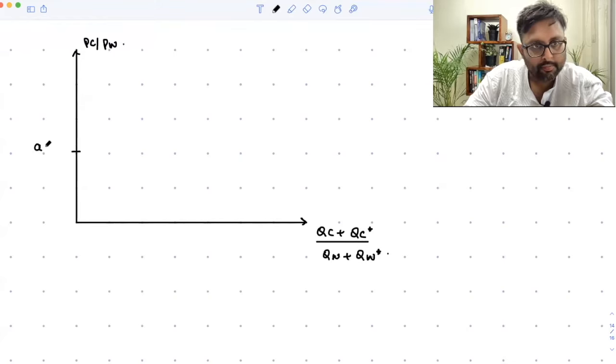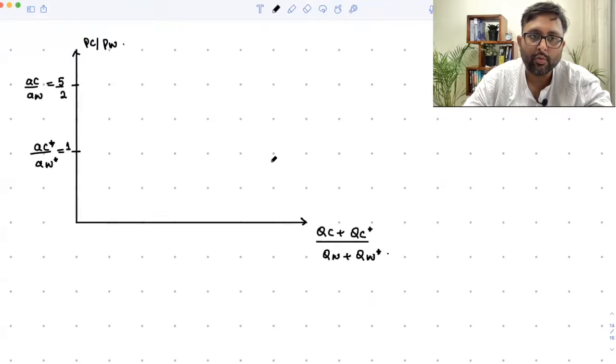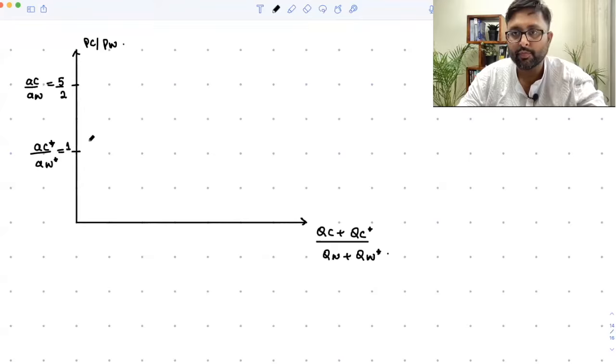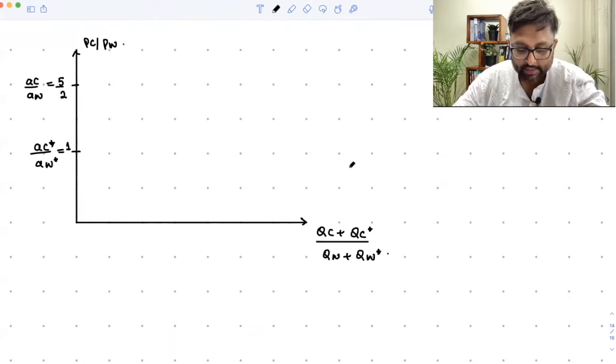Here you have AC star by AW star equals 1, and here you have AC by AW equals 5 by 2. You remember we did the cases. We did 5 cases there. PC by PW can be less than even this. So in this case, AC star by AW star is less than AC by AW.